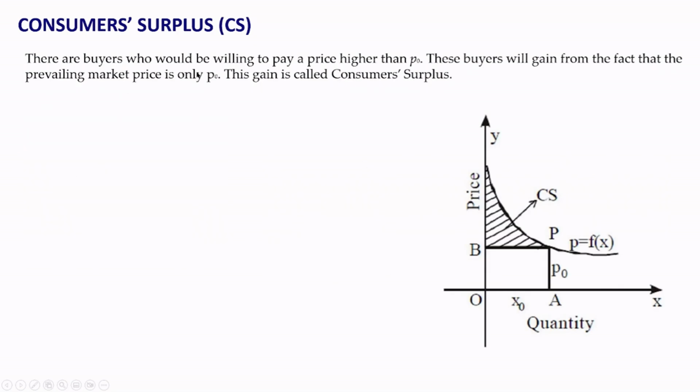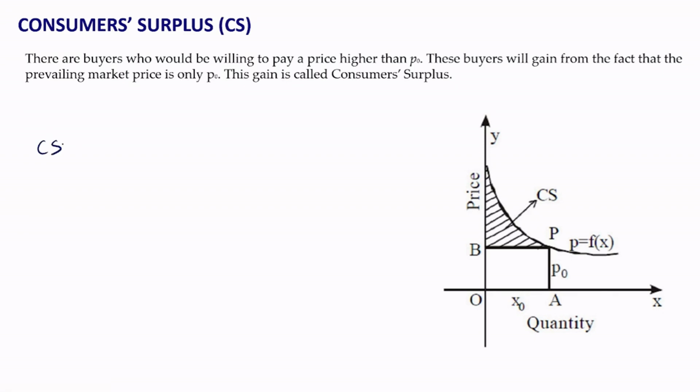There are buyers who will be willing to pay a price higher than P0. These buyers will gain from the fact that the prevailing market price is only P0. So this gain is called the consumer surplus. Consumer surplus is the area bounded by this region. It is nothing but the area under this curve, this whole area, minus the area of this rectangle, which is P0 X0.